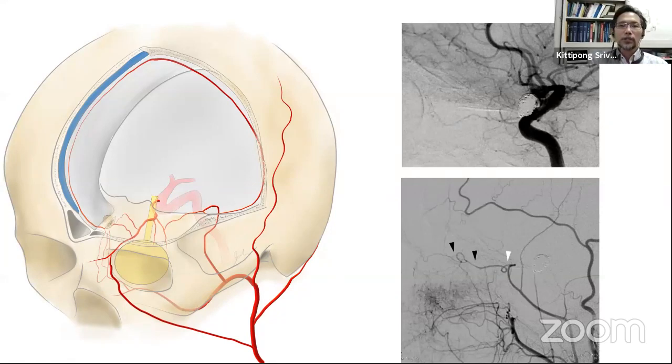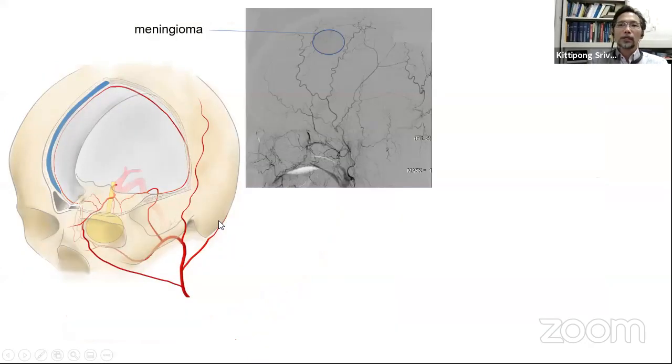We haven't talked in detail about that, but anyway, the MMA and the ophthalmic artery have a very high affinity through the superior orbital fissure. So you can put it in an illustration like this. There's sometimes a connection like that. You have to know the potential that it can be connected.